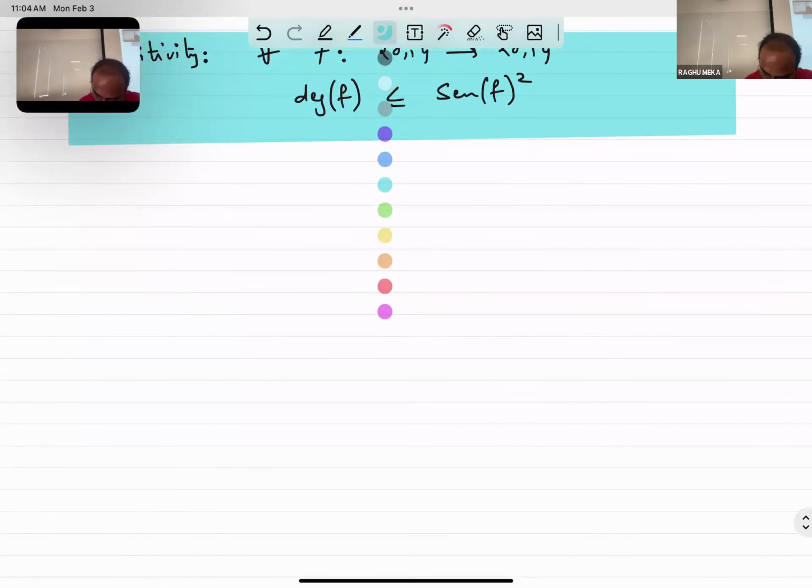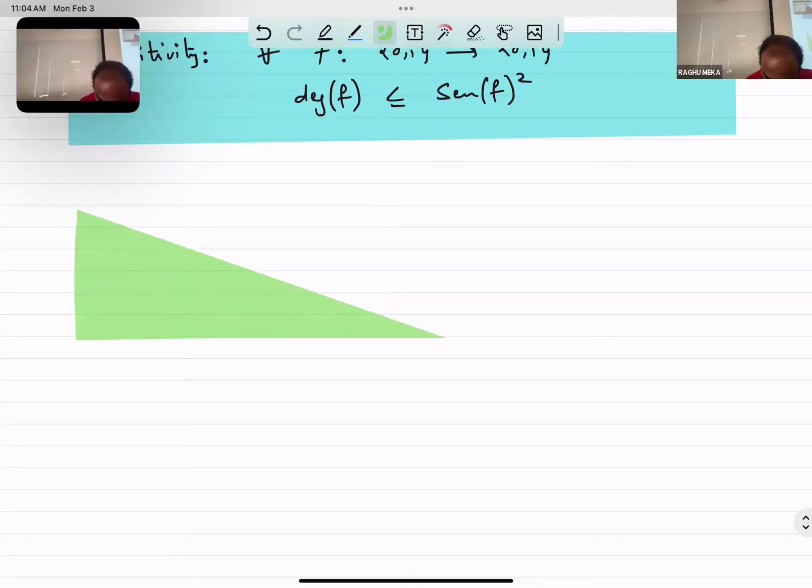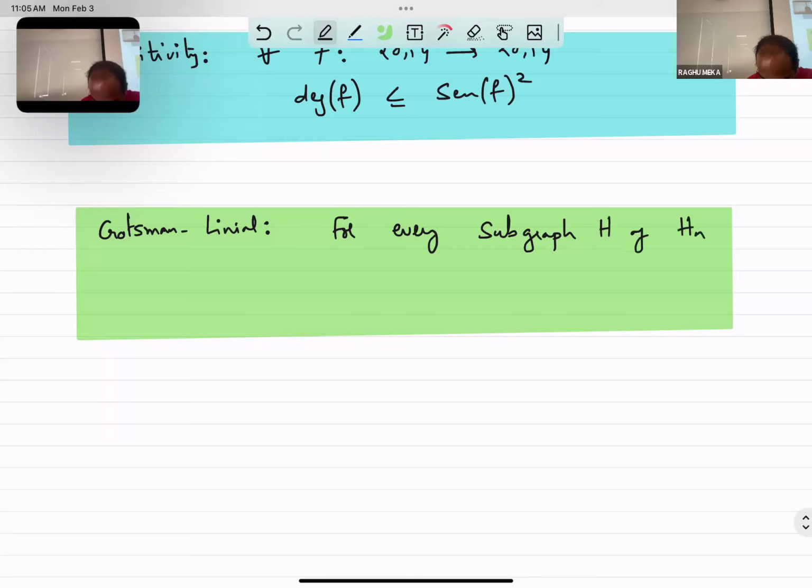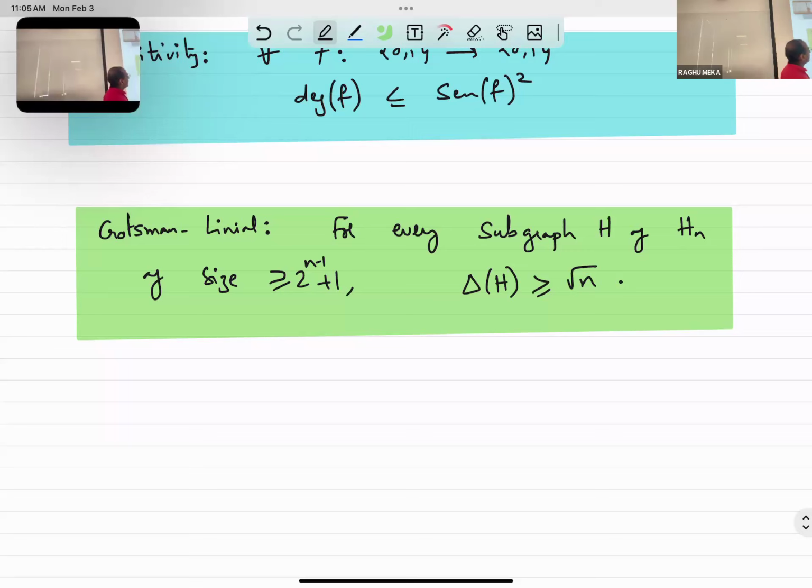And then we went to, okay, so we had to show this: for any subgraph H of Hn, the max degree is at least square root n.